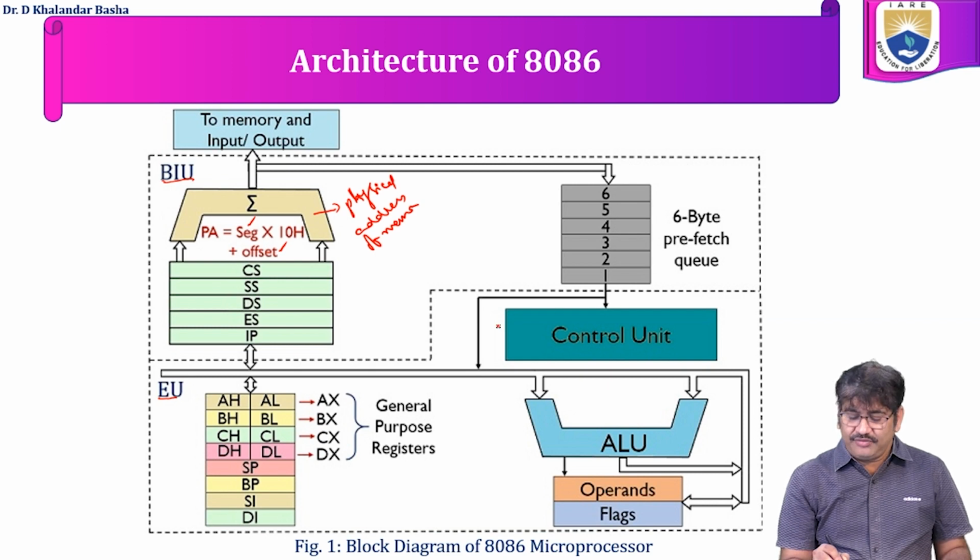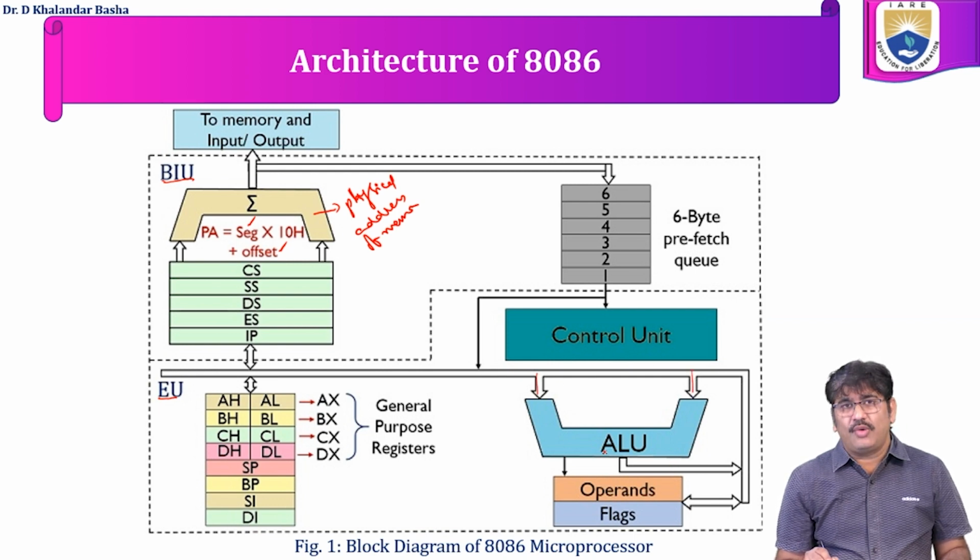Apart from this, we have a control unit. The control unit will send the necessary signals for the internal blocks of the 8086 processor. The next block is the ALU, which stands for Arithmetic Logic Unit, where we can perform all the arithmetic and logical operations. For each operation, we may require one operand or two operands. The operands will be sent through the data bus.